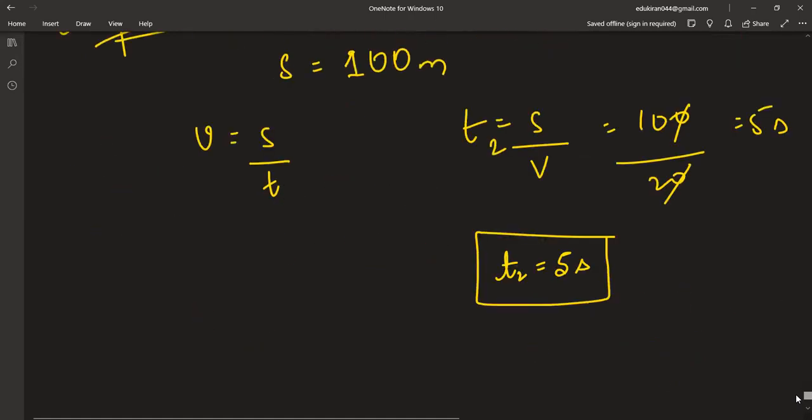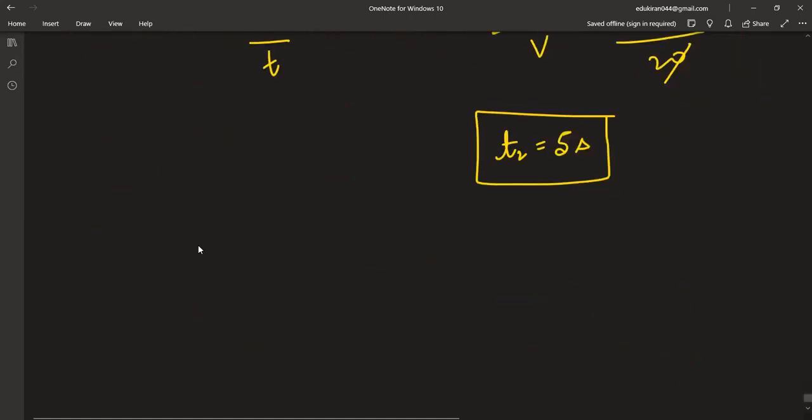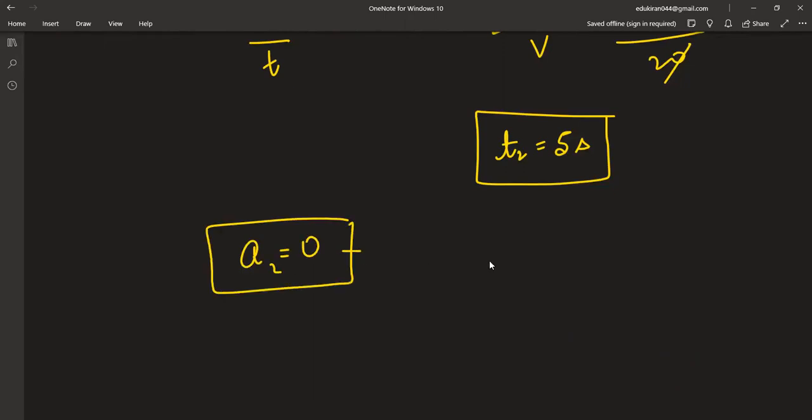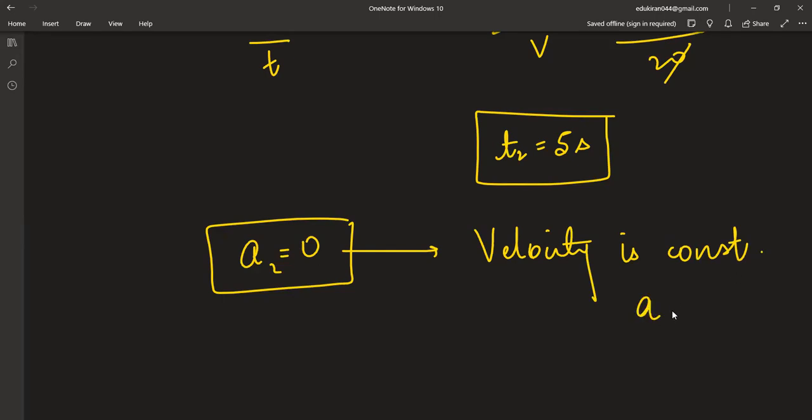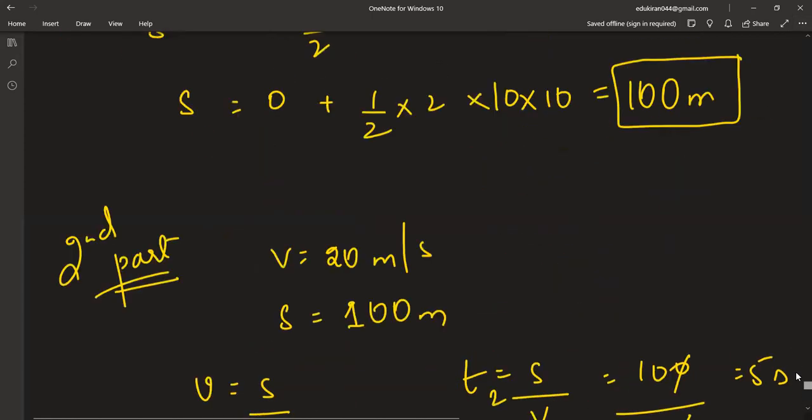So what all things are missing here? Acceleration. How will you calculate acceleration? Acceleration will be 0 in the second case. Reason? Because velocity is constant. So acceleration will automatically be 0 whenever you have such a case. Second part also done. Time, distance, acceleration, everything we have.